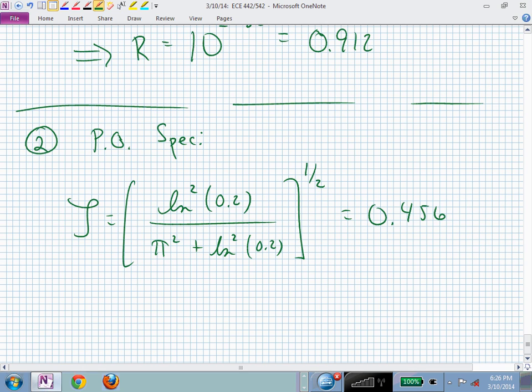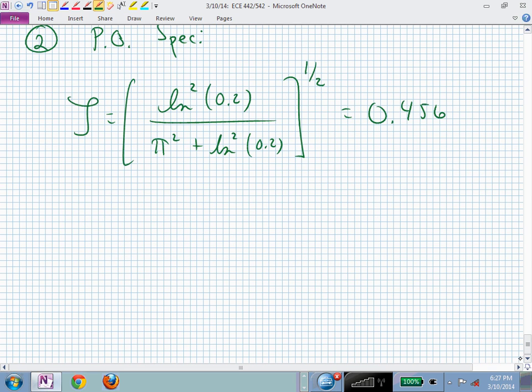And you might think of that relative to 0.7. 0.7 was the 5%. We can tolerate a bigger percent overshoot, so we're getting a smaller zeta. And this is the amount of smallerness that we have. Now, if we translate this into, well, we could go into MATLAB and try to sketch a curve with a zeta value of 0.456.